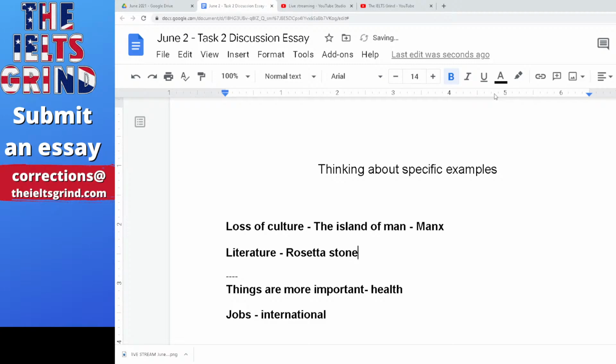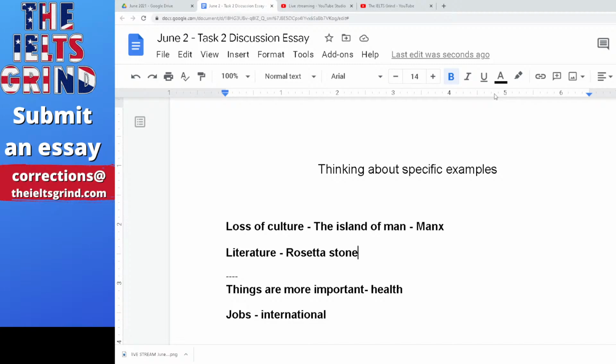So the example here basically is to do with Egypt. The written style of Egypt for ancient Egyptians, they used pictures really instead of words, and no one could read it for a long time.